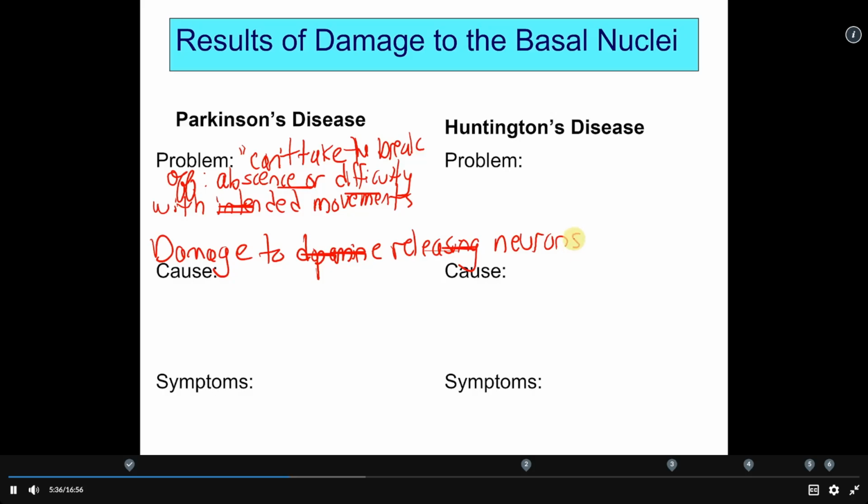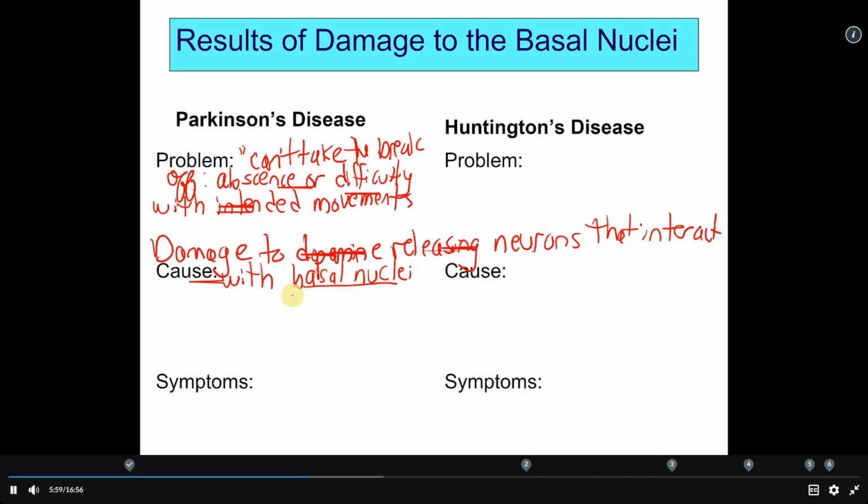That interact with the basal nuclei. And the reason I'm writing it across the screen here is this is the basis of the problem, whether it's Huntington's disease or whether it's Parkinson's disease.